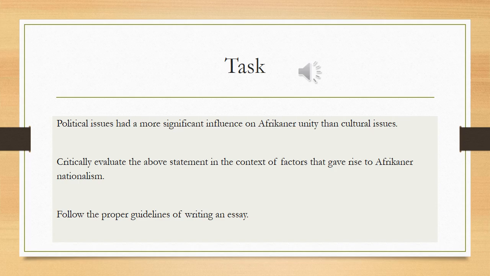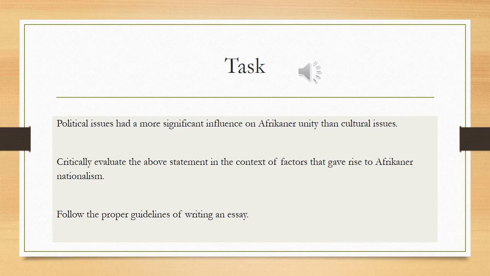Girls and boys, thank you so much for listening to this PowerPoint presentation. I am giving you a task. Please go and write an essay, and please follow the proper guidelines of writing an essay. In your introduction, you must state your line of argument, or rather, you must take a stance and say how you intend to answer the question.